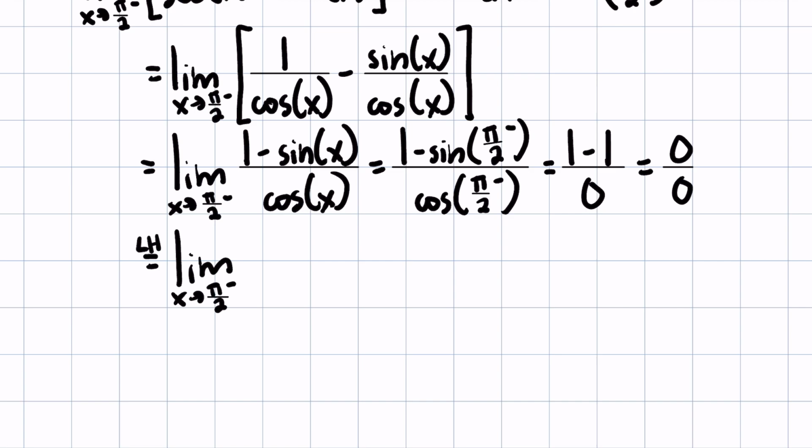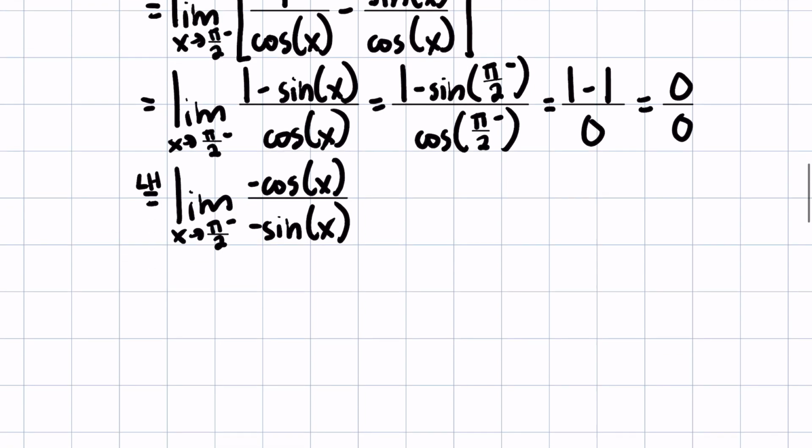The derivative of 1 is just 0. The derivative of sine is cosine, so the derivative of negative sine will be negative cosine. And then the derivative of cosine is negative sine. So we can go ahead and rewrite this. You could rewrite it as cotangent, but I'm just going to cancel out the negative and make it cosine over sine.